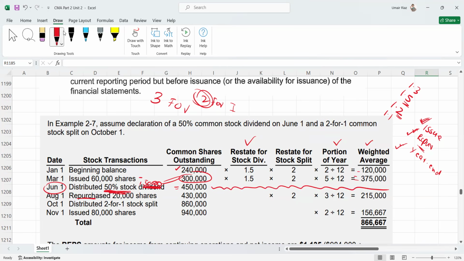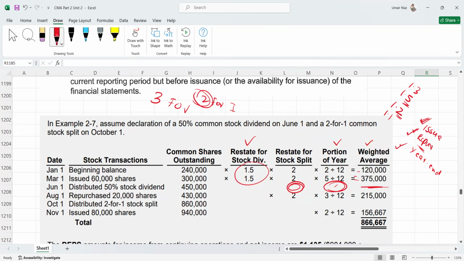Don't multiply with the restate factor of dividend because this dividend is already adjusted in the existing shares. And don't multiply with the stock split. And don't multiply with the portion of year. Just leave it. Just adjust your outstanding shares. Outstanding shares will become 450,000 and we'll move to the next transaction.